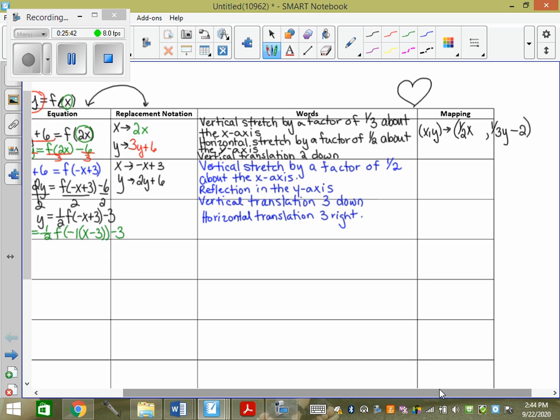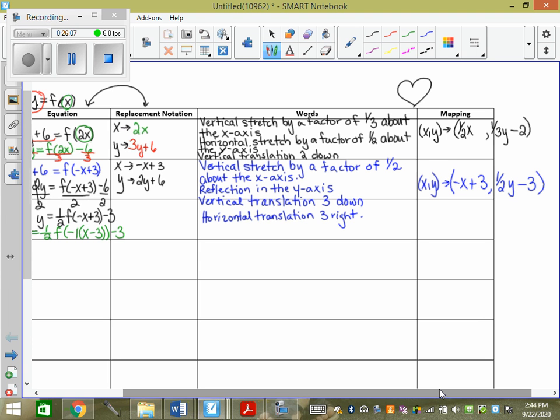And then my mapping, my x, y, will become stretches multiply, reflections multiply, translations add, subtract. So vertical stretch by a half, my y is going to become a half y. Reflection in the y means I'm going to end up with a negative x. Vertical translation 3 down, subtract 3. Horizontal translation 3 right, add 3.